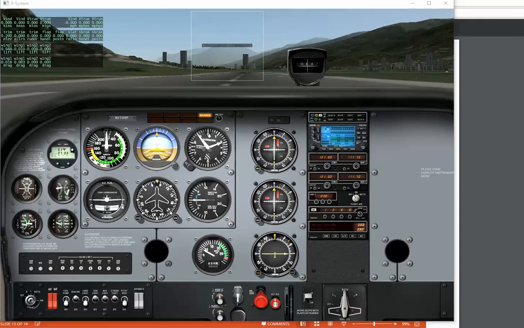So yeah, go ahead, do a couple landings, try it with the flaps down. I'm here for questions.